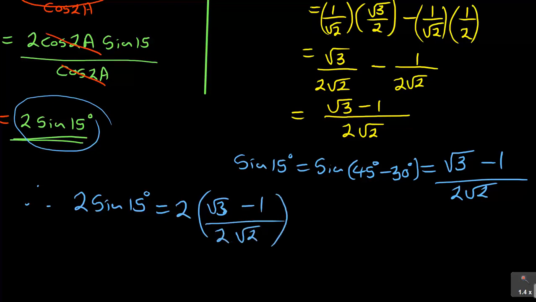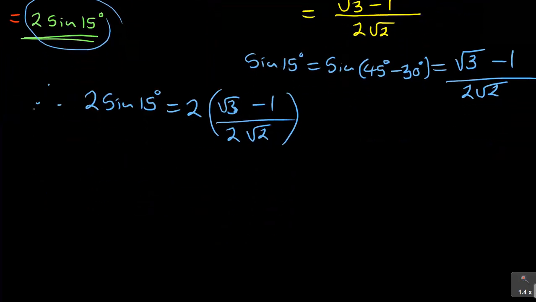That's what you're given. Then continue: the 2 will cancel that 2 because this is over 1. So we are going to have root 3 minus 1 over square root of 2.